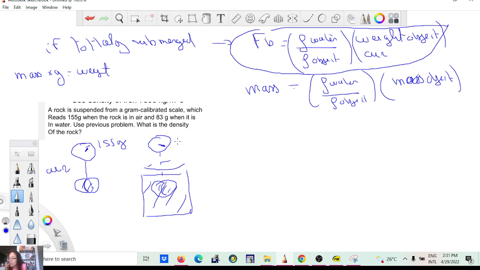How much is it going to be? 83 grams when it's in water. So the difference between 150 gram and 83 gram is due to the buoyancy force, right? So you have the buoyancy force, and that will be in gram.